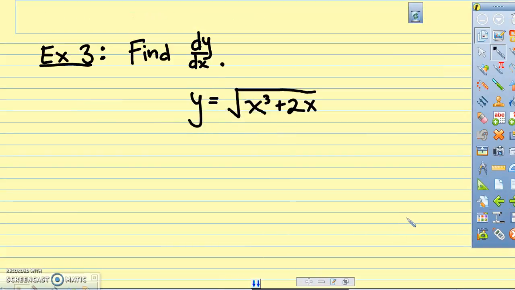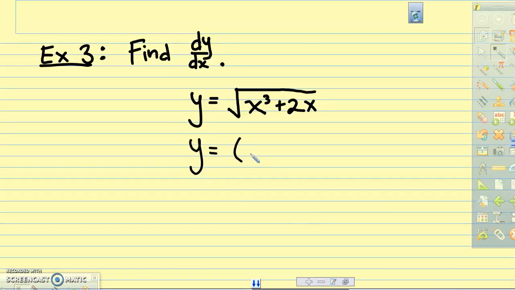Try this one. Pause the video. Give this one a try. So hopefully you rearrange this to x cubed plus 2x to the 1/2.